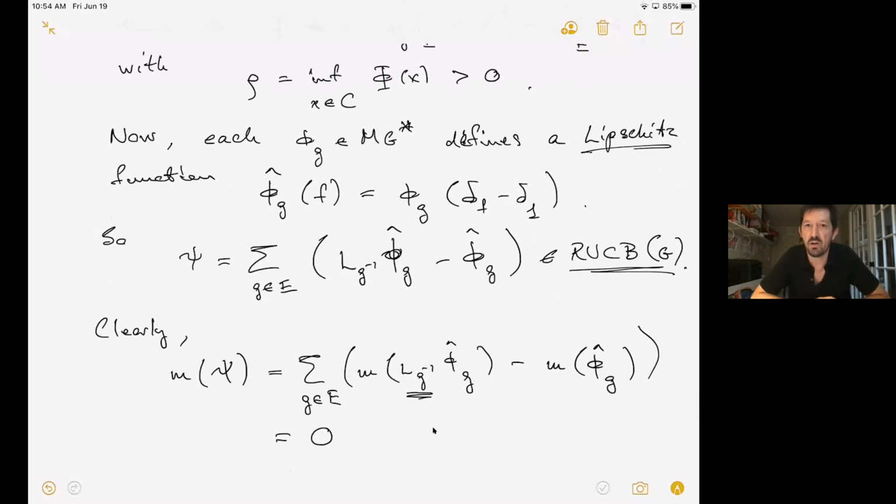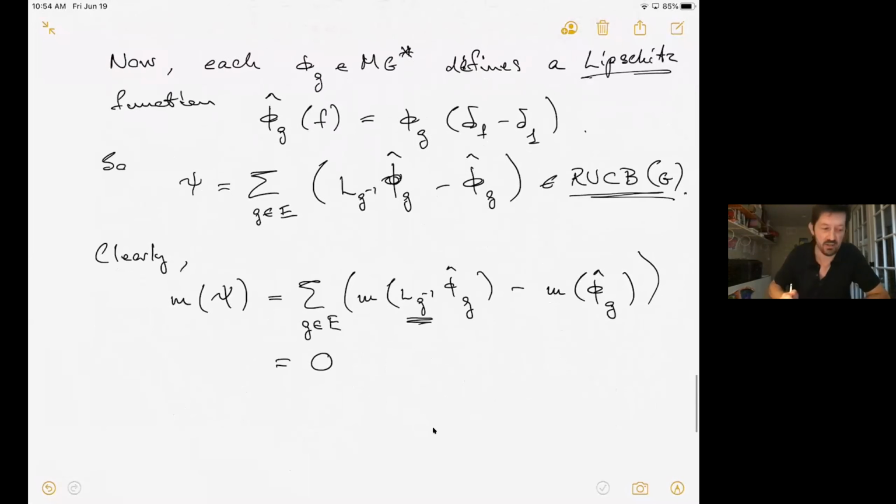Okay. So on the one hand, my mean says that this function is trivial. But I'll show that this function, by assumption, is actually positive. So this is by L invariance of m.